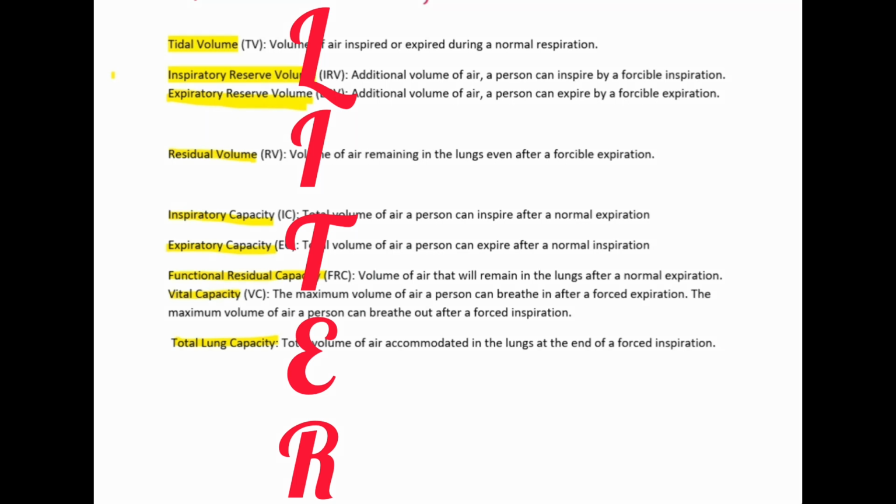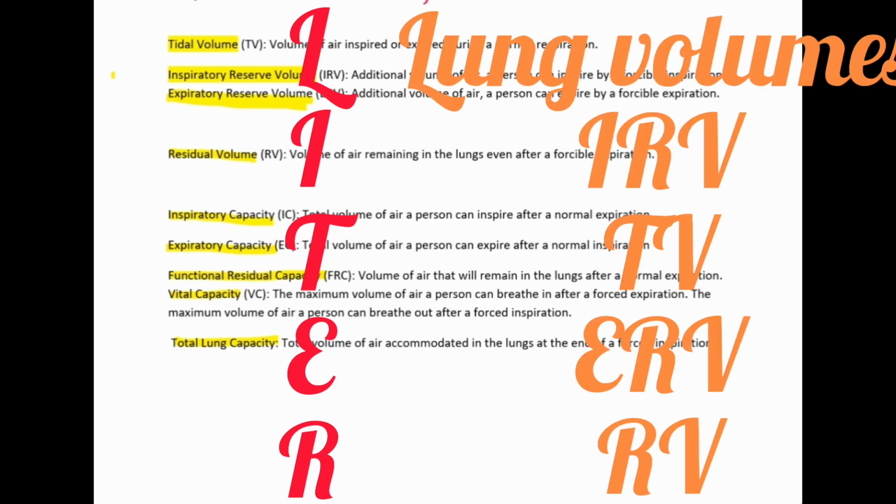We know the spelling of liter is LITRE, but here you need to remember it as LITER, right? L for lung volumes, I for inspiratory reserve volume, T for tidal volume, E for expiratory reserve volume, and R for residual volume.